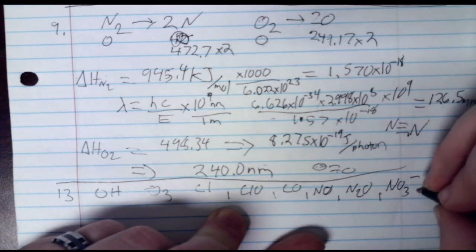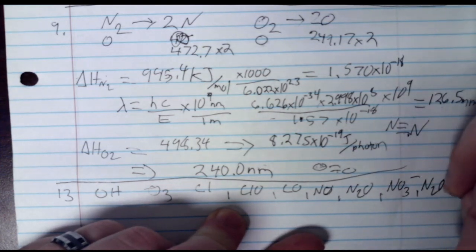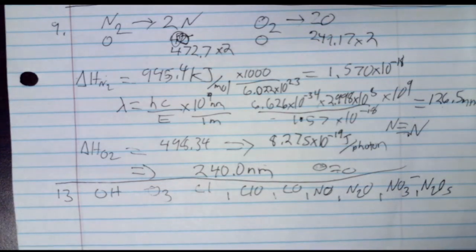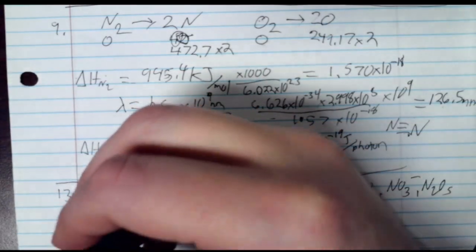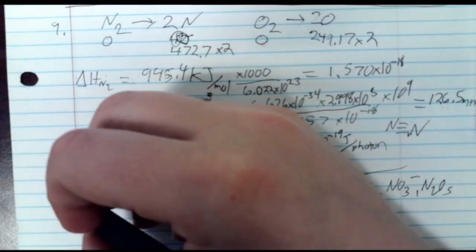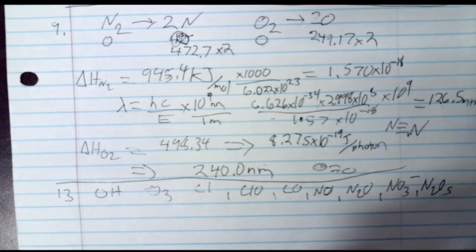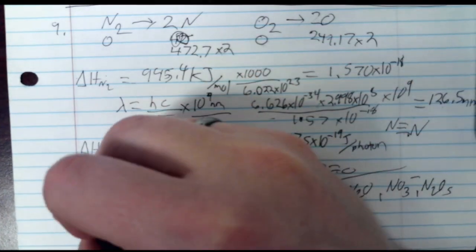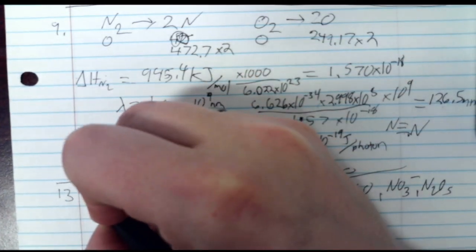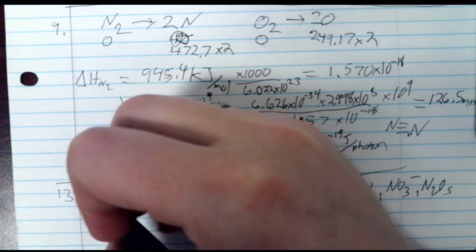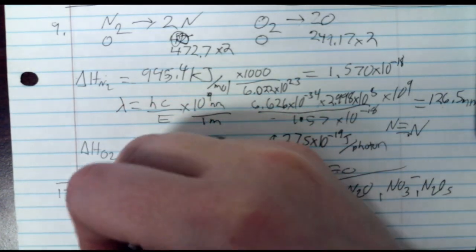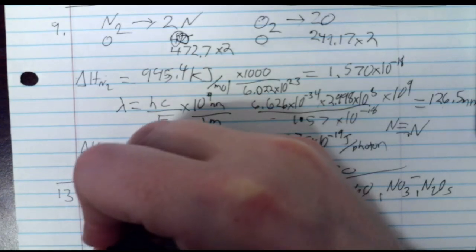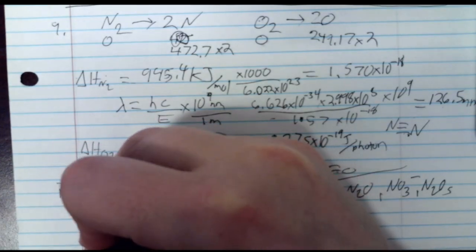You don't need the Lewis structures. You need to count what group number each one is in, and if they have an odd number of electrons, they will always be a radical. So oxygen is in column 6, hydrogen is in column 1. You sum them up, 7. So no matter what, when we make this, it's going to be a radical.